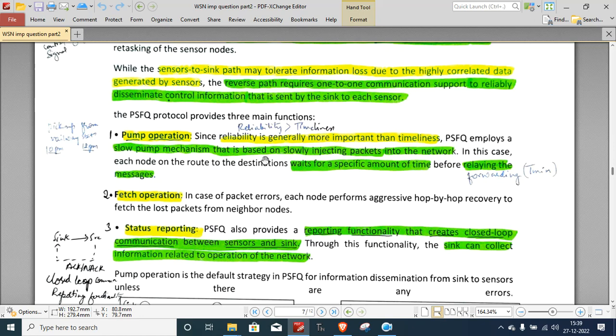PSFQ employs a slow pump mechanism that is based on slowly injecting packets into the network. In this case, each node on the route to the destination waits for a specific amount of time before forwarding the messages. So it has to wait for a minimum amount of time, t-min.